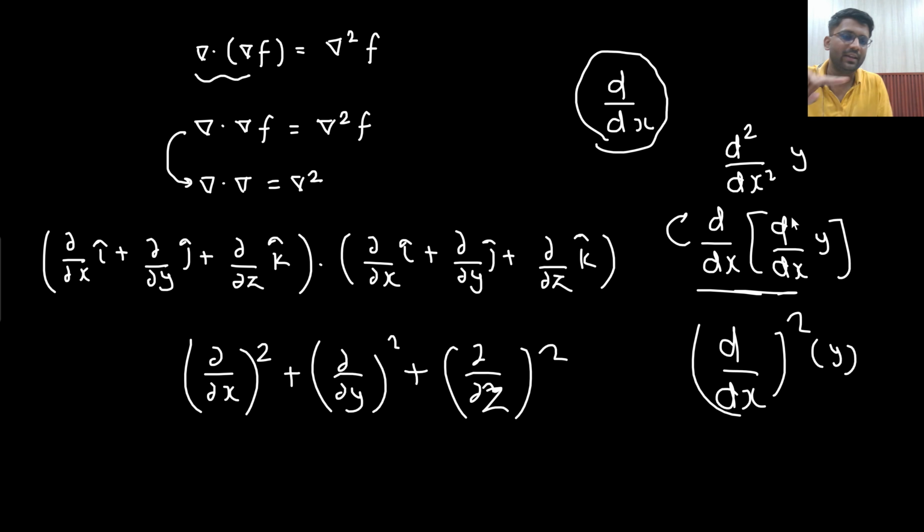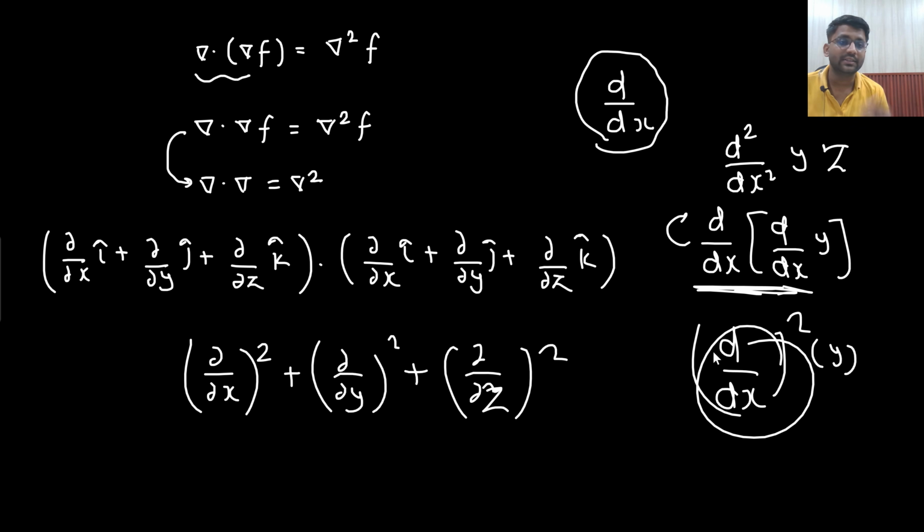That means you need to apply d by dx operator twice. Because it is an operator, it is not a number. D by dx is not a number, it is an operator. You are calculating d by dx of some function. When you write d by dx of y, do you do the square?